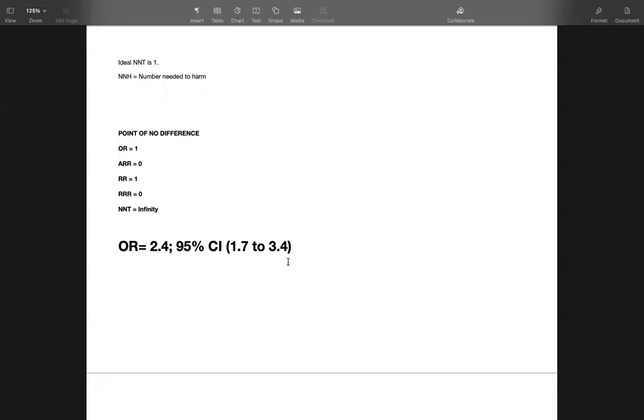Can anyone tell whether this result is significant or not? Yes, you can. And how? Let me tell you. See what they are measuring. They have the value in odds ratio, and you already know that the point of no difference for OR is 1. So the value of OR should be greater than 1. Always the value should be greater than 1.